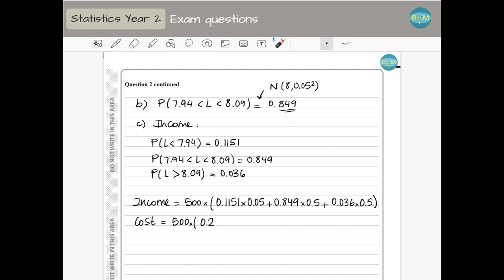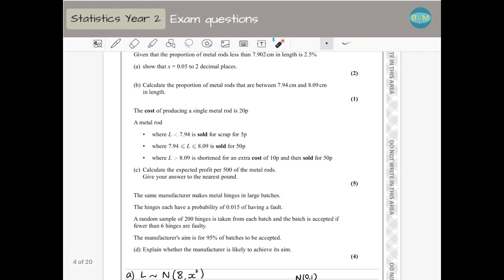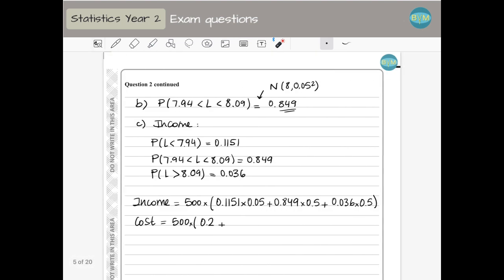So the cost of producing each of them is 20 pence, but I still have a few of them, these ones, that to be able to sell them, I have to reduce the size, and that costs 10p each. So the cost is going to be the cost of producing them all and the cost of cutting the ones that are too long, which are 0.036 times 0.1, so 10p.